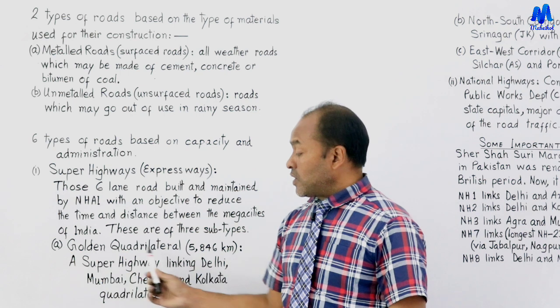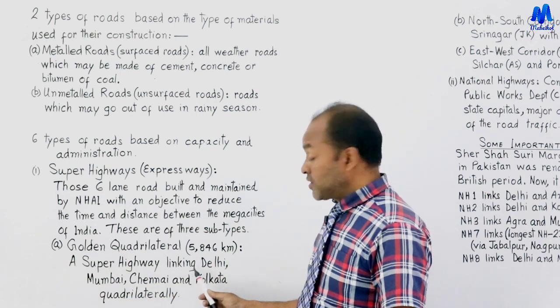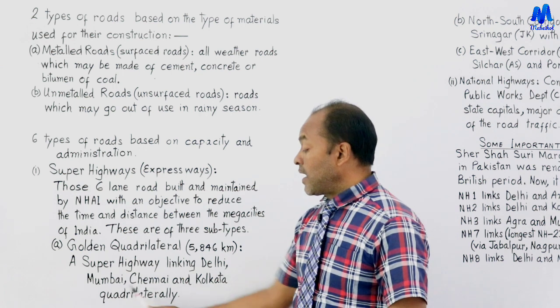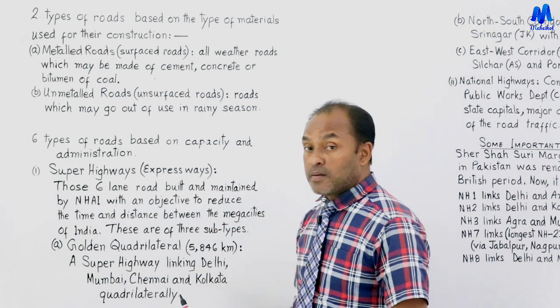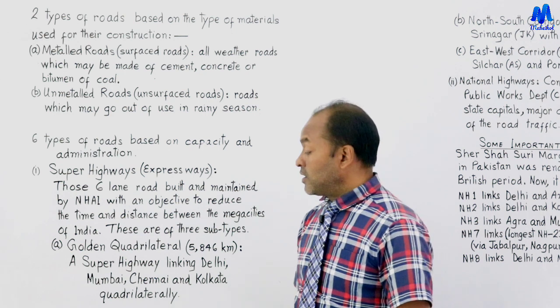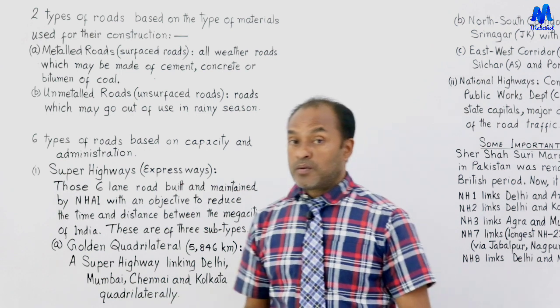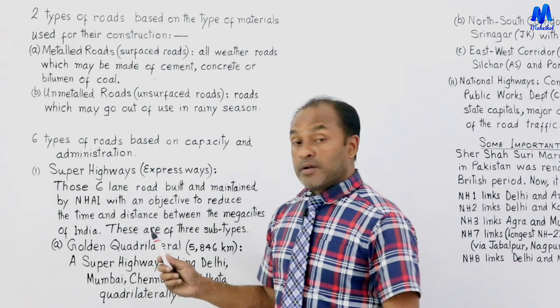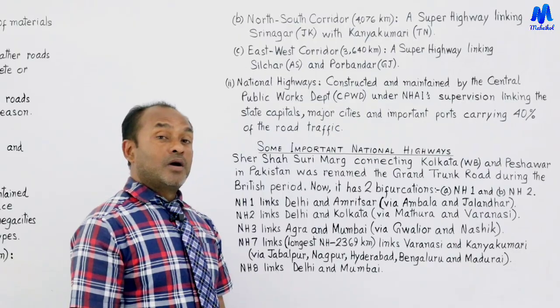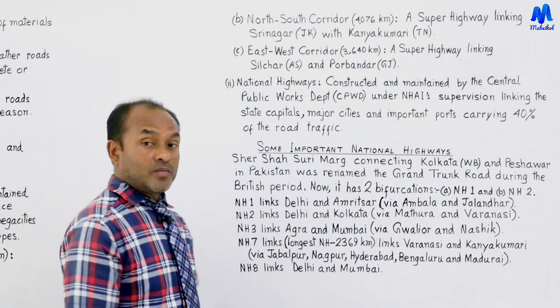This golden quadrilateral is a superhighway linking or connecting Delhi, Mumbai, Chennai, and Kolkata quadrilaterally. Okay, how? Let's have a check. Okay, again, we'll move on to the next point. So now we are going to discuss about number B, north-south corridor.